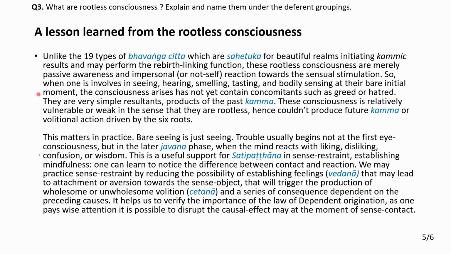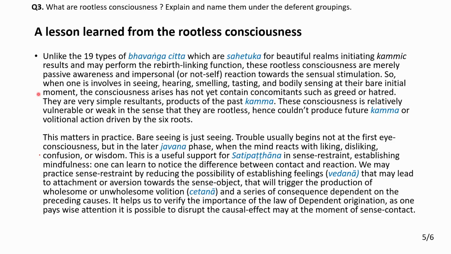Because in your statement earlier, at their bare initial moment, I think that is a good point. It will help you really, because it shows that from the Abhidhamma perspective, you are very clear. This is bare sensation only, or bare function only, that they are performing.